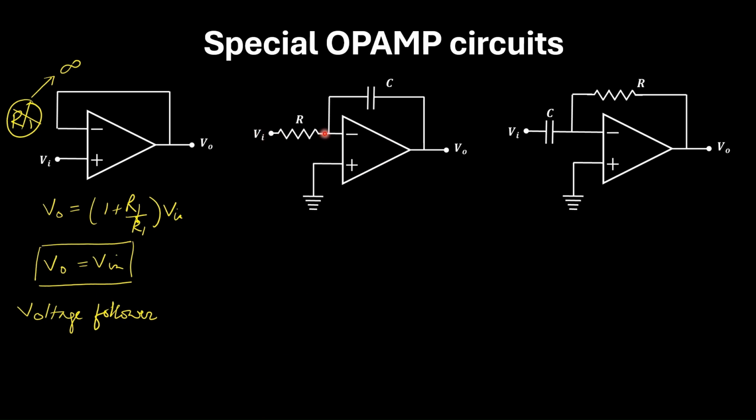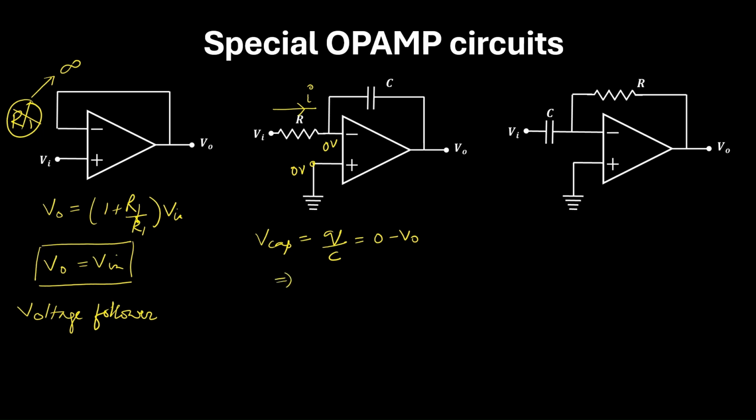So input is applied here and through the capacitor a feedback is given and the non-inverting terminal is grounded. Now we can use the golden rule which we have learned in the first video. So this one will be 0 volt and this one will be 0 volt. And let the current flowing through R be I. So the voltage across the capacitor, V cap, we can write Q by C, and this is equal to 0 minus V0.